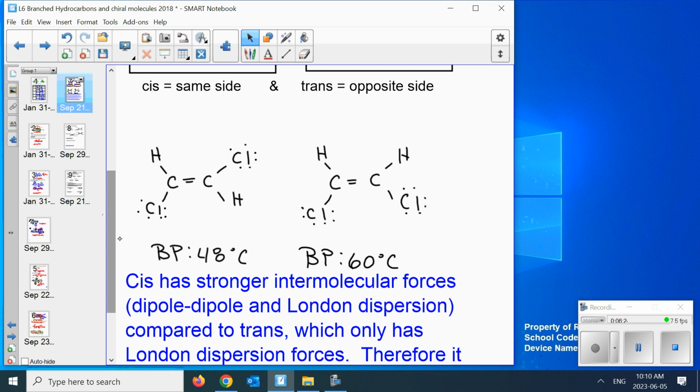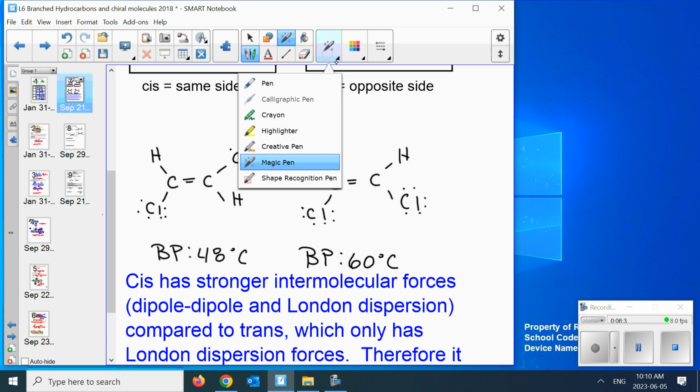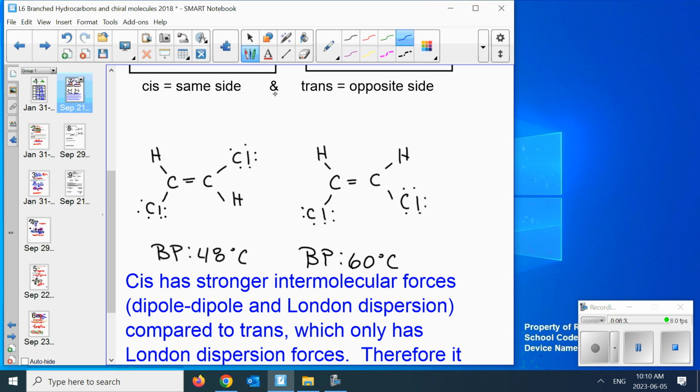Okay. Now, chlorine is more electronegative than carbon. On your diagram too, I'd like you to draw this in, from the carbon towards the chlorine.